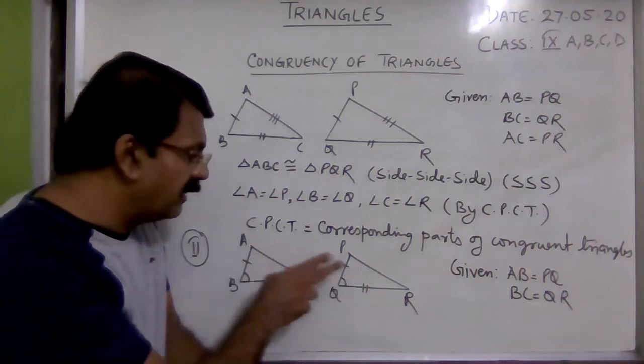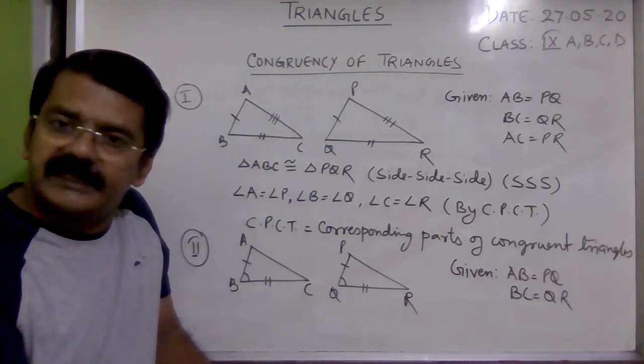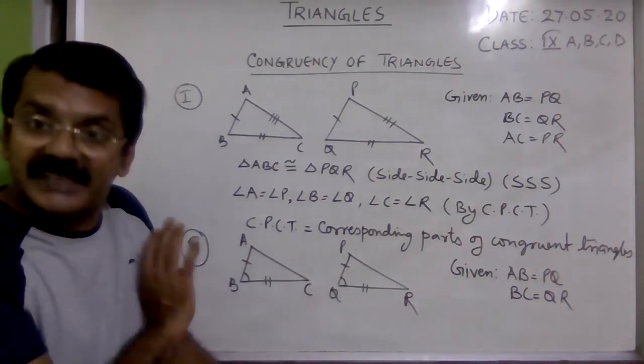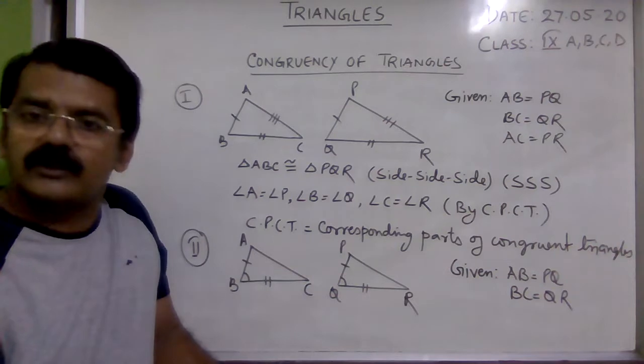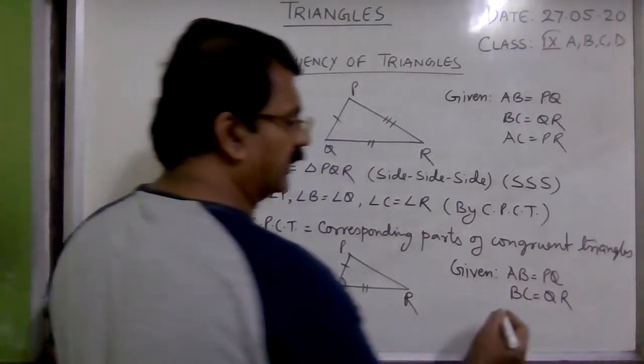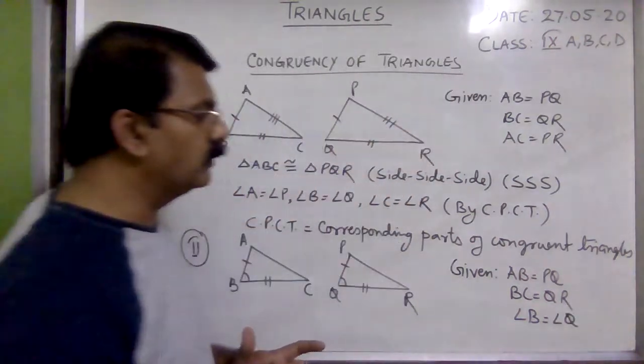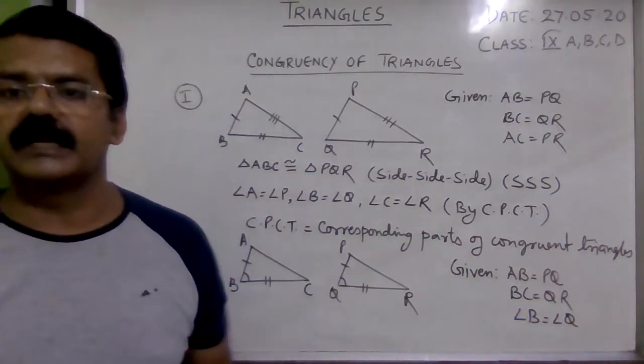Means they have given two corresponding sides equal, and the included angle, the angle between those two sides, is also given equal. Angle B is equal to angle Q. Then once again we can say that these two triangles are congruent.